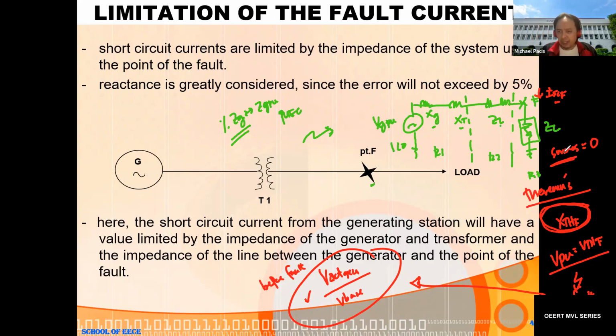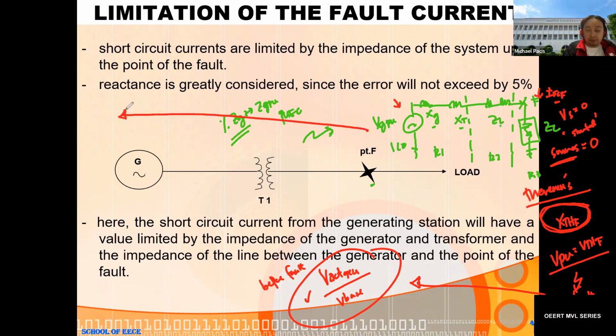Definitely, we will not make use of the current source, and all of them are independent sources. The generator is already an independent source. So it means that if you want to get the source equal to 0, you need to short that source. And in order to do that, again, if you want to get the Thevenin's reactance, we have what we call the reactance diagram.